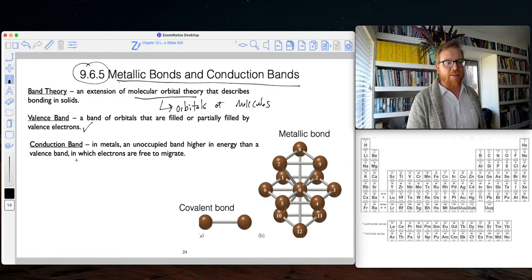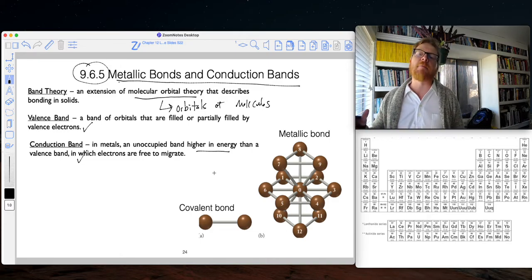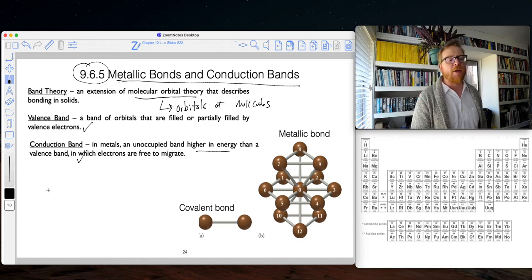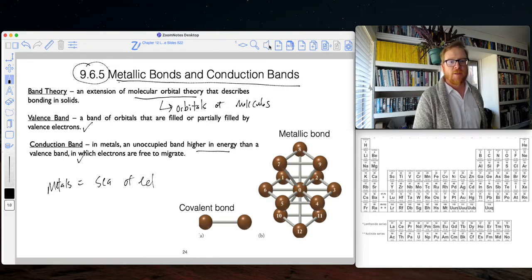So, and then there is the conduction band. And so in metals, this is an unoccupied band at higher energy than a valence band in which electrons are free to migrate. So often metals are described as having a sea of electrons.